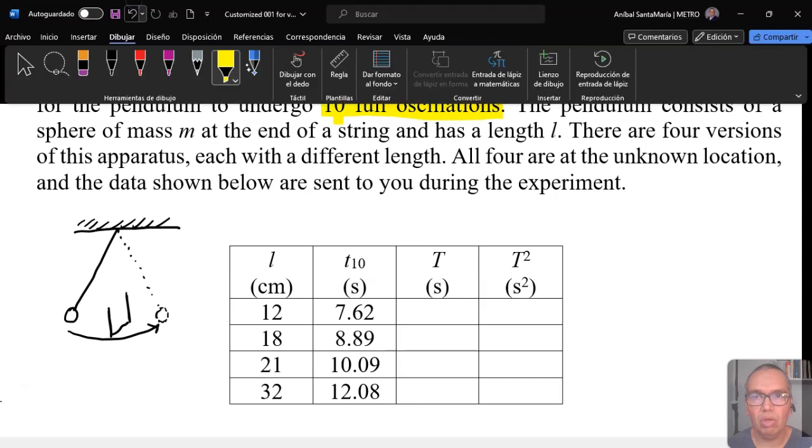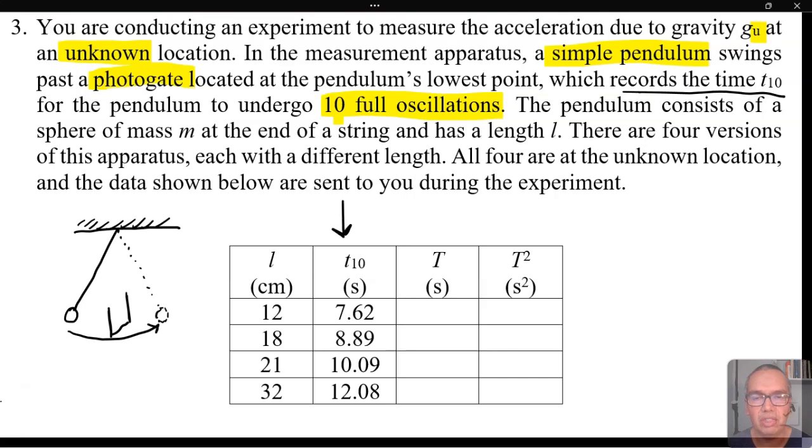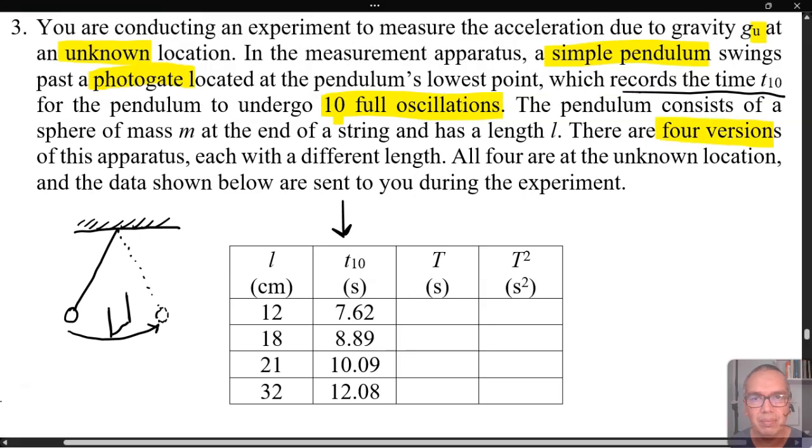Okay, so those 10 full oscillations are the time that is recorded over here on the second column of the table. Now they tell you that there are 4 versions of this apparatus, each with different length.